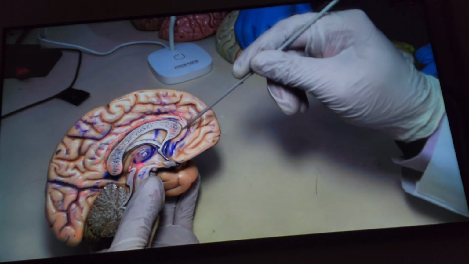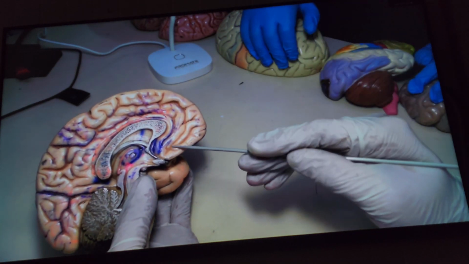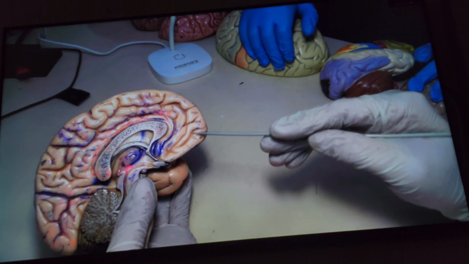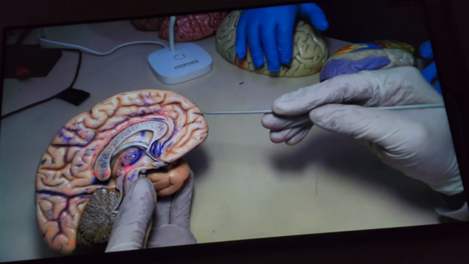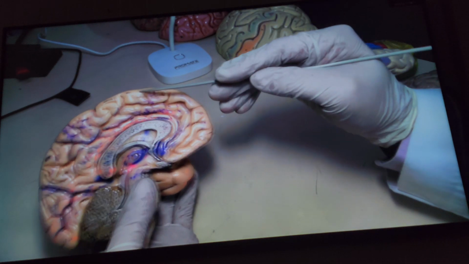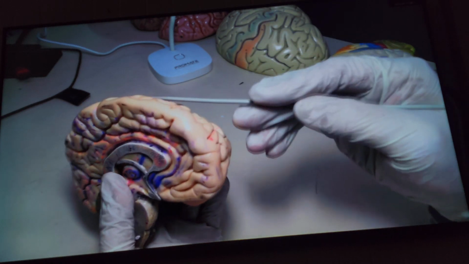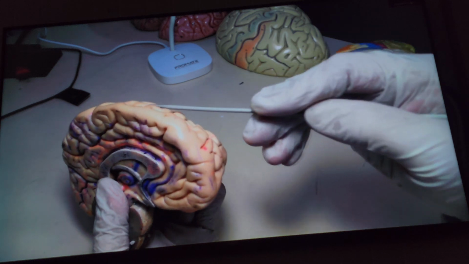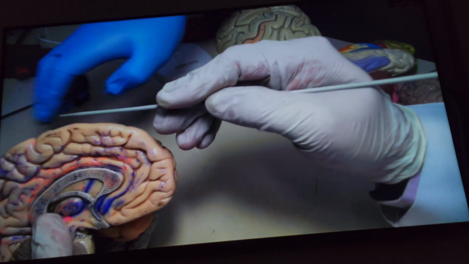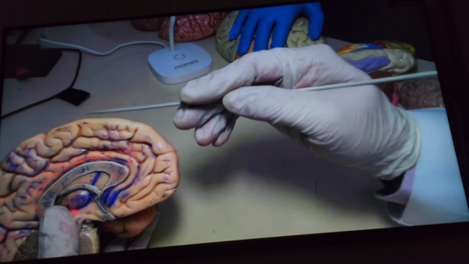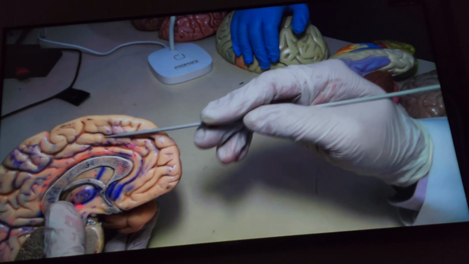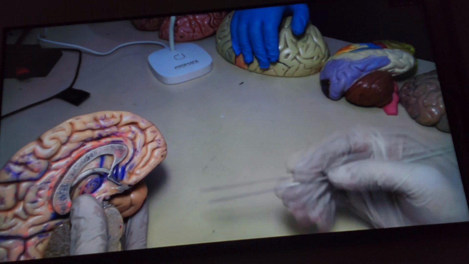Also, we can see here in the anterior part the medial frontal gyrus, which is the part of the superior frontal gyrus that passes to the medial aspect of the cerebral hemisphere.